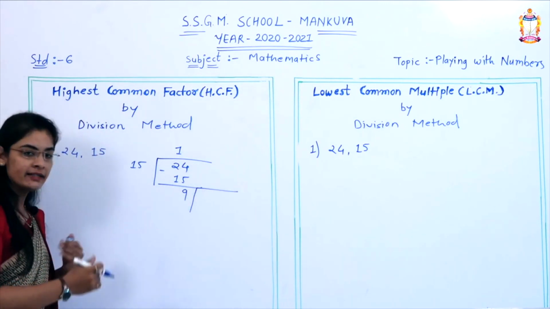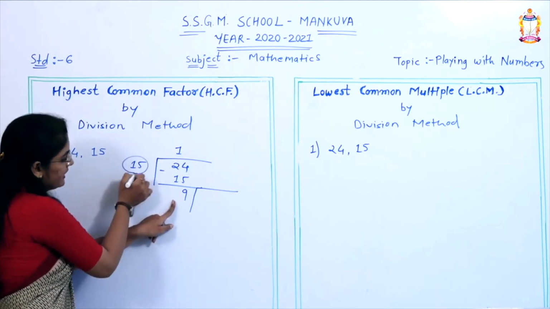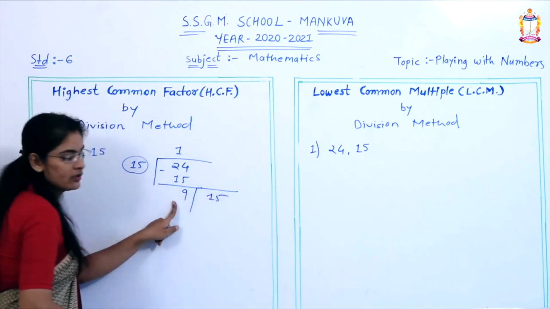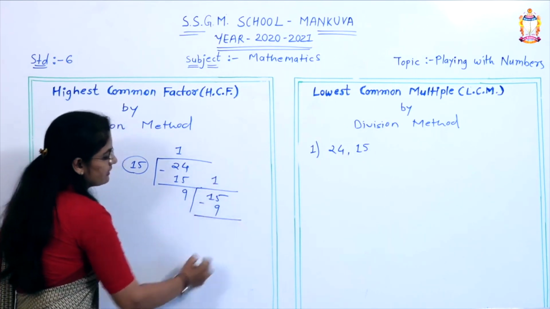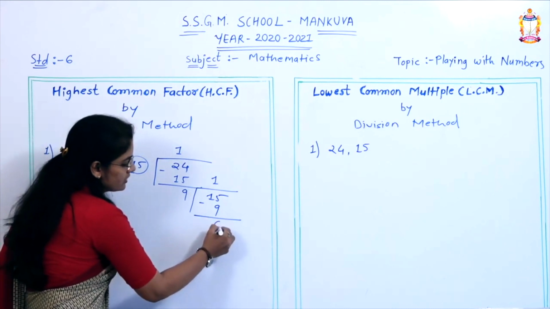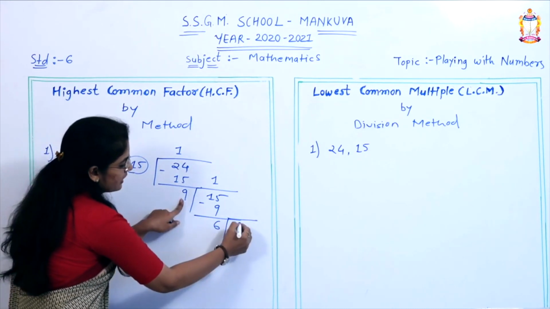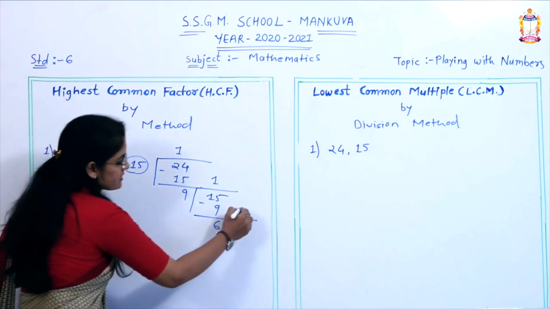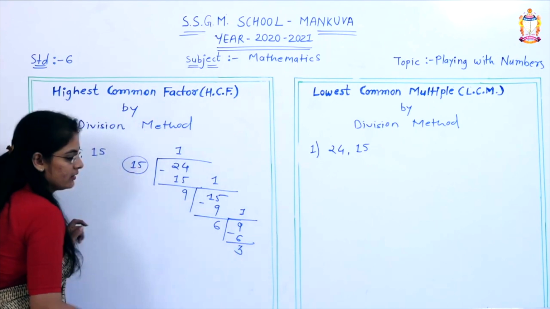We have to do division again. 9 will be the divisor and this 15 will be the dividend. So now 9 1s are 9. 15 minus 9 is equal to 6. Again repeat this method. 9 will become the dividend. 6 1s are 6. 9 minus 6 is equal to 3.